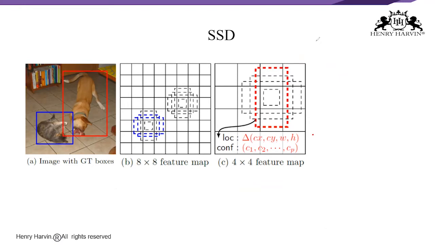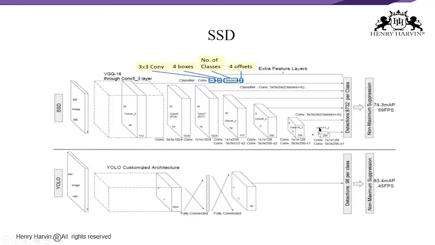So let us look into the architecture of SSD. We want more accurate detection, so different layers of feature maps also go through a small 3 cross 3 convolution for object detection. For example, at conv4_3 the size is 38 cross 38 cross 512.